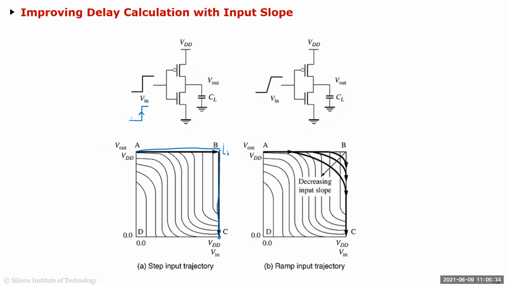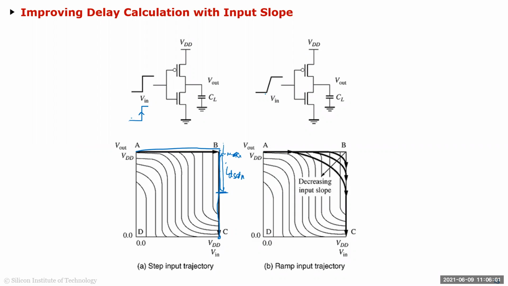It goes from I max to 0. Because we assumed that when we are doing the tPLH and tPHL calculation, we are calculating the delay from here to here, and we said the current is almost constant, which in this case is ID sat N. So for this whole time, it is ID sat N.